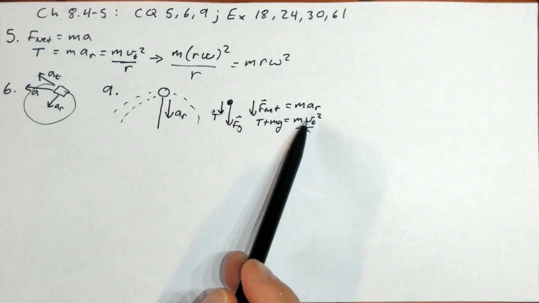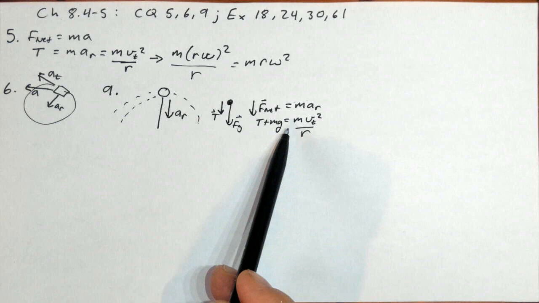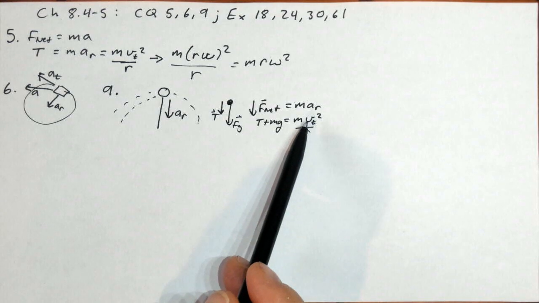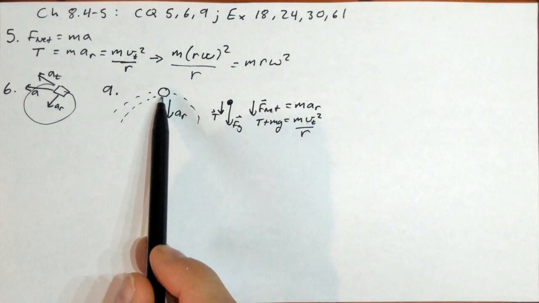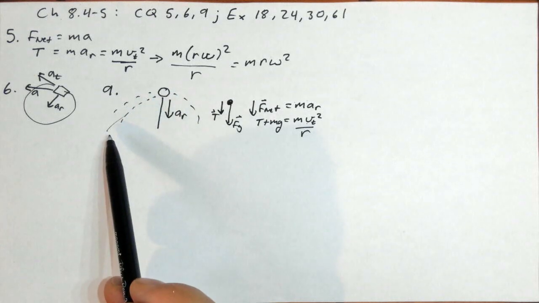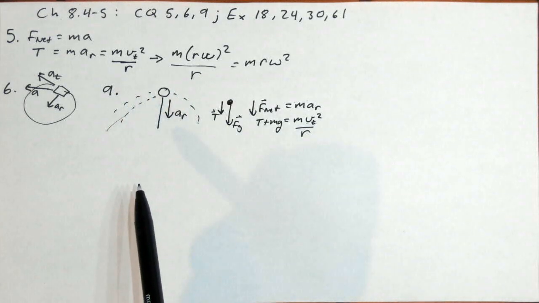If you go any slower, this equation can't work anymore, because now it's not centripetal acceleration, it's just projectile motion, with a downward force of gravity acting everywhere, following a parabolic path instead of a circular path.